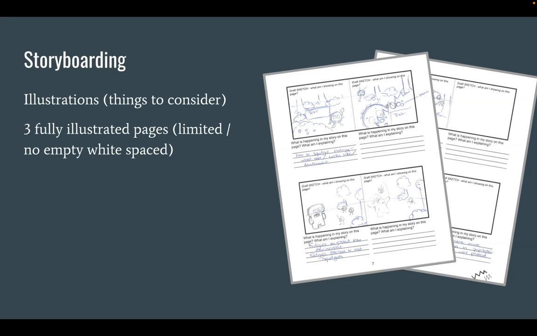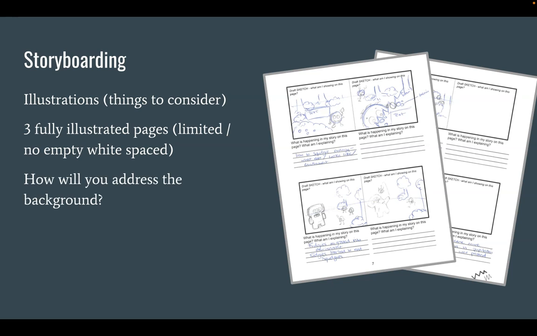When it comes to illustrations, here's a few things to consider. Reminder that you need 3 fully illustrated pages. That means that there should be limited or no empty white space. In your storyboard, consider how you can fill the majority of the page with your illustration.